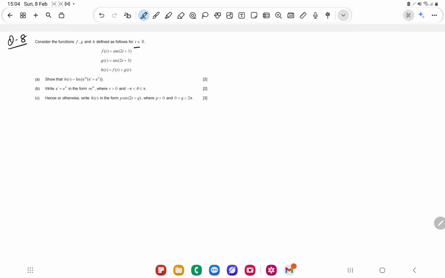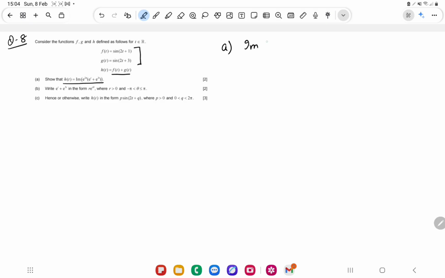In this question, we have two functions f(t) and g(t) given to us, and h(t) is the sum of these two functions. So A part says to show that h(t) is this. Since they both are sine, they are automatically the imaginary parts that are given to us.